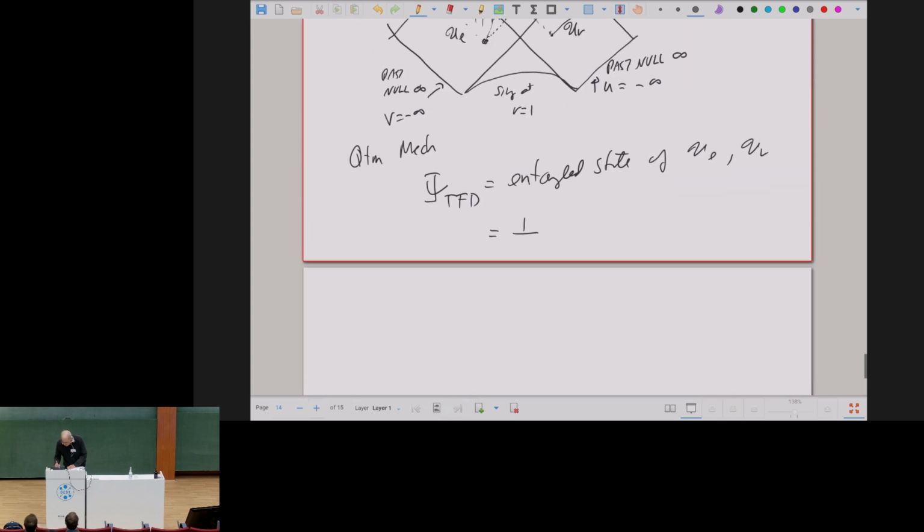So it's just 1 over the square root of Z times the sum over energy eigenstates, where i is the ith eigenstate of the operator H right or H left. In the thermofield double state, you consider pairs of states right and left that have the same energy, so it doesn't matter whether we consider here H left or H right. The thermofield double state is this highly entangled state between the two observers on the left and right. So in quantum mechanics, they share this highly entangled state.